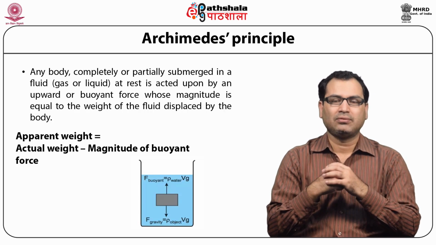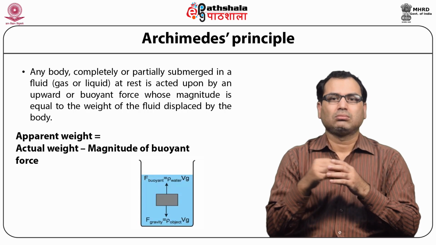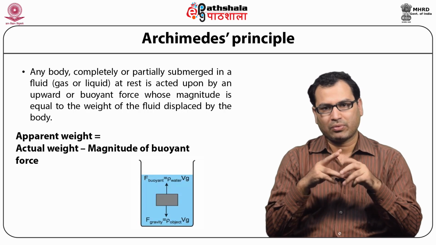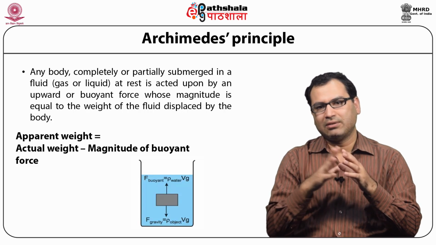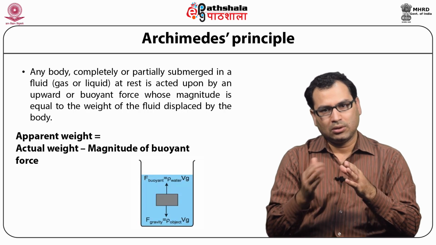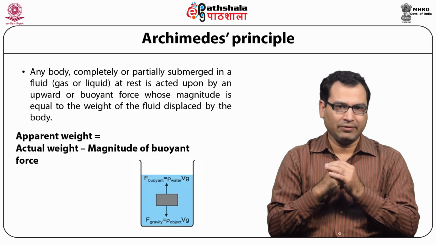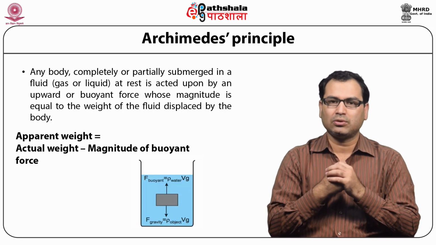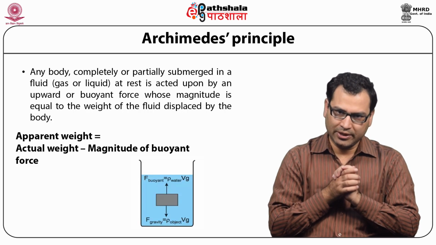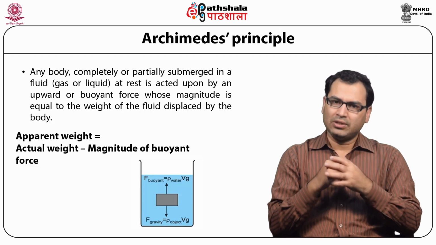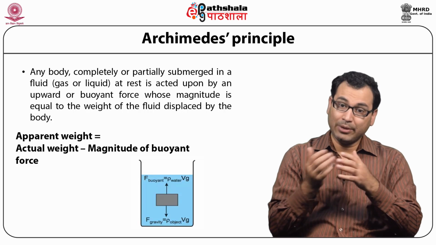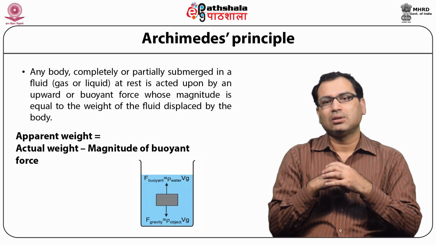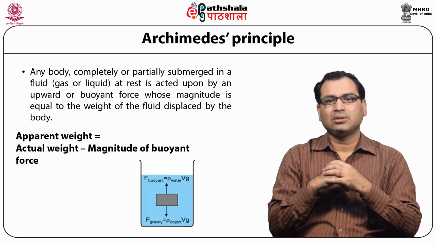Take an example of a wooden block floating in water. If it is floating inside the water, the two forces have to be balanced. What are the two forces? The first one is its weight, which is m times g, where m is the mass and g is the gravitational acceleration.